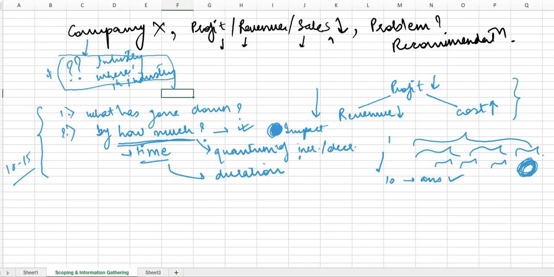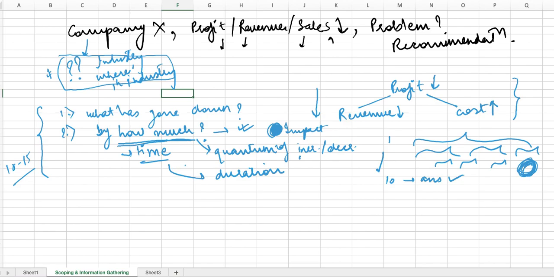Okay, so coming back, we need to first ask what has gone down, what is the quantum, that is by how much has it gone down or gone up, in case the cost has gone up, and then what is the time duration in which this effect has been observed.